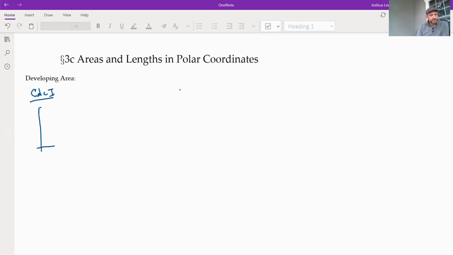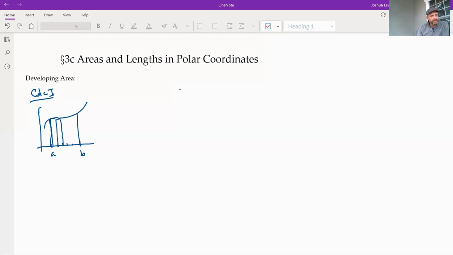So you would have some curve, and you'd want to integrate or find the area between a and b. And we did that by partitioning that interval and then finding areas of rectangles, right?